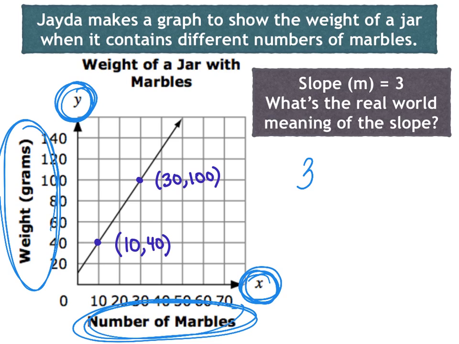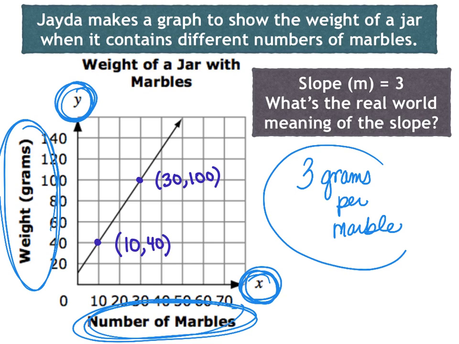So we could write it this way, that the weight increases by 3 when the number of marbles increases by 1, or we even could express our slope more in terms of a rate. So it's 3 grams per marble. Again, in other words, for every additional marble, the weight increases by 3 grams.